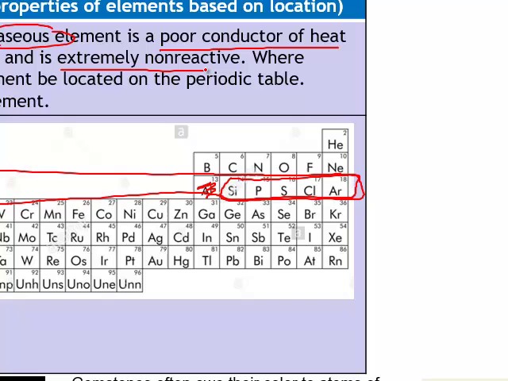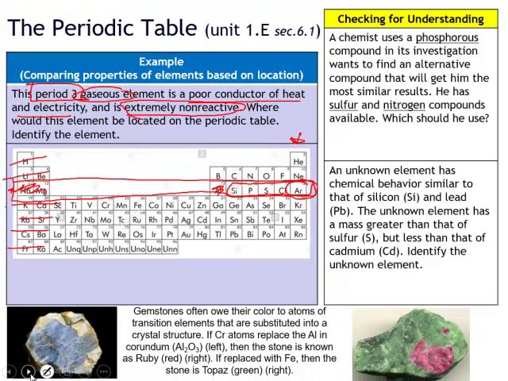And then it's extremely non-reactive. That means it doesn't hook up or bond with any other elements. So those non-reactive elements are here in the noble gases. So we're only left with one choice, which is argon. And that's how you identify the elements based on their properties. So try this with these two questions, and if you're having a hard time, hit me up in tutorial. Okay.